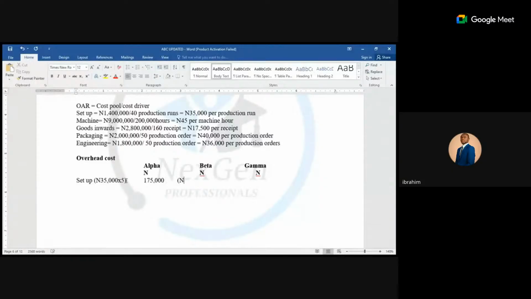Still 35,000 per production run. How many production runs do we have for beta? 10 production runs. Class, are we getting the gist? Yes sir, we are together. So what do we have here? 350,000.